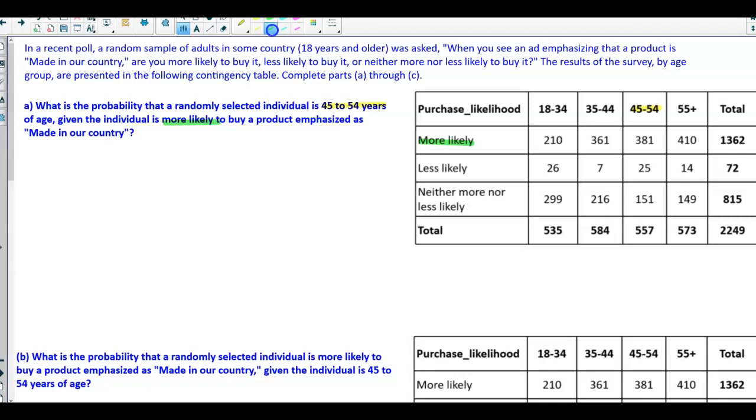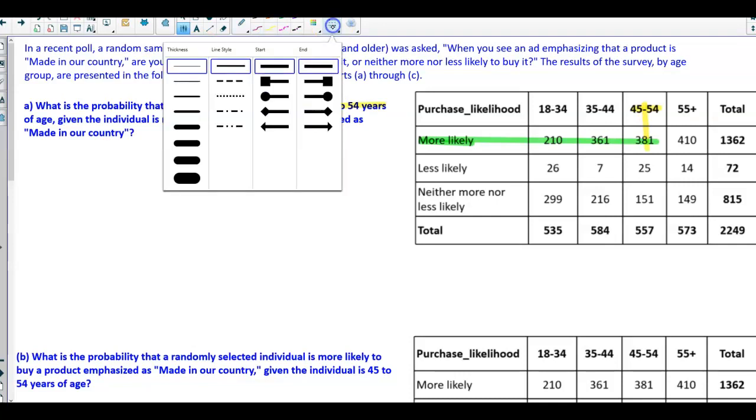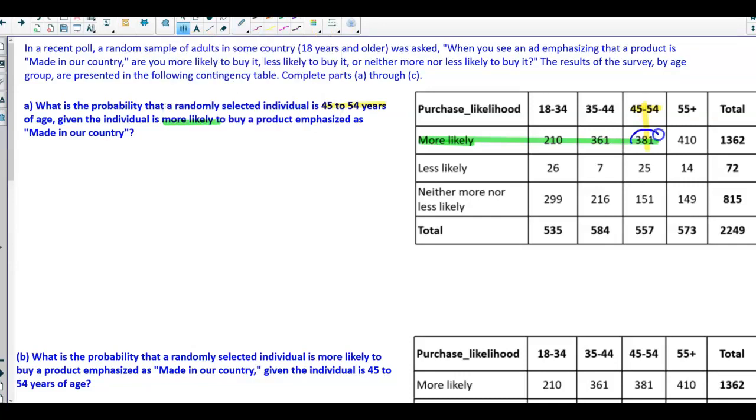Okay, so if I continue this row to there, and then I continue the age to here, we can see where the value intersects. It intersects at 381. So those are the total individuals in the age group of 45 to 54 that are more likely to buy made in our country.